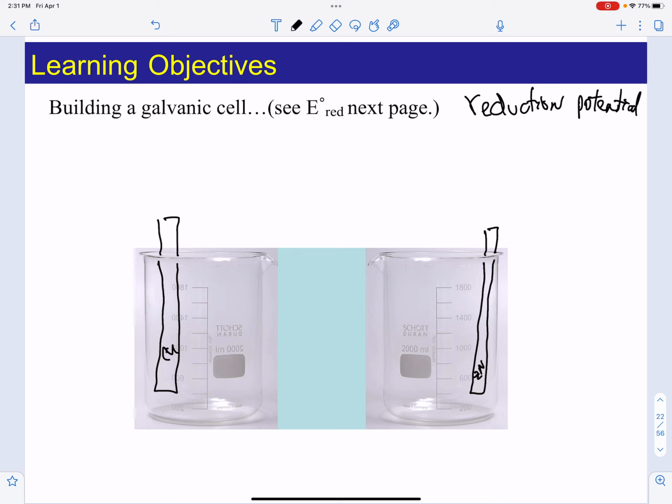And the way we get this is we do experiments where we have two beakers. We have a piece of metal, let's call this metal number 1, and we have hydrogen on the other side.